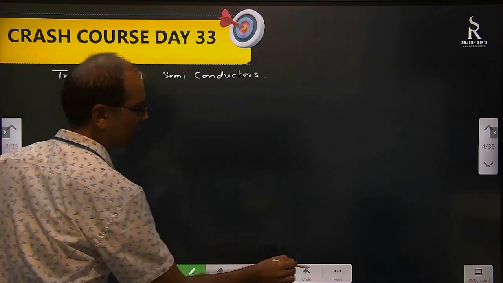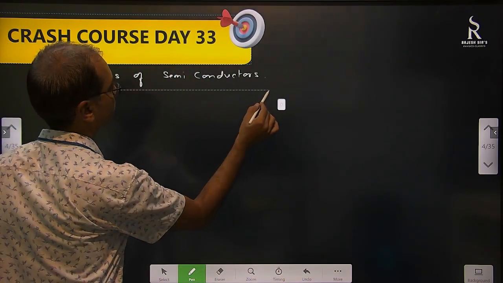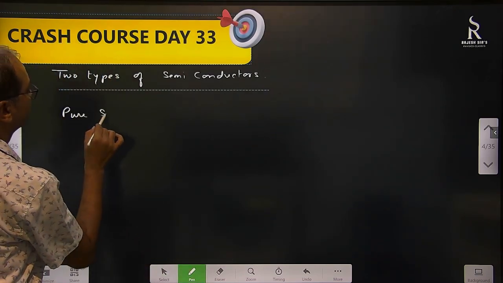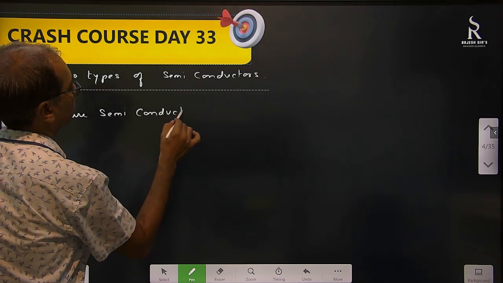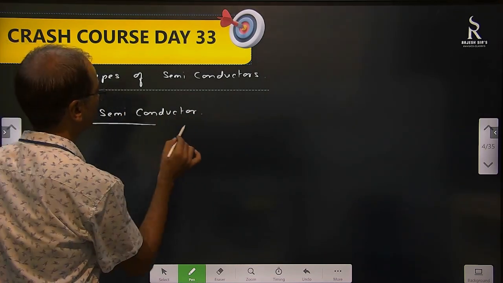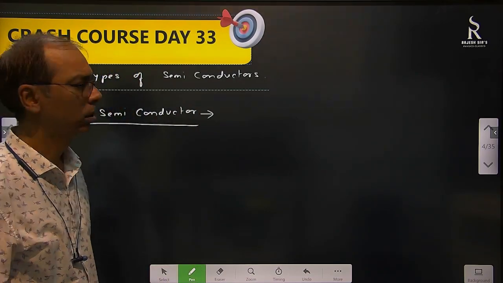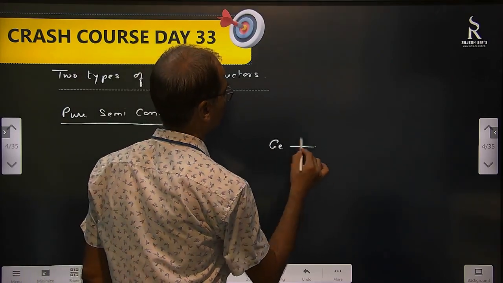We know that germanium or silicon has valency 4. So we talk about germanium, with valency 4.